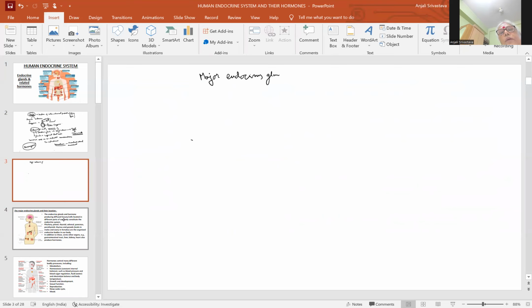I am giving it here in short, and all the names I have given in these slides. Once we just tell them, after that we will see in the slides the different glands, their secretions and their actions.